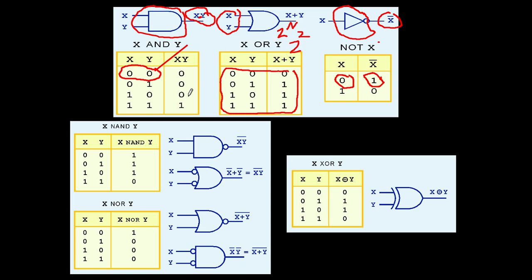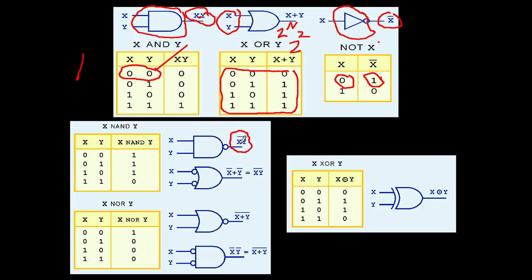So we took that. Now the NAND gate. The NAND is the NOT of the AND. What do I mean by the NOT of the AND? The invert. If I draw an AND gate and put a NOT on it, it's the NAND gate. And here's the Boolean expression.